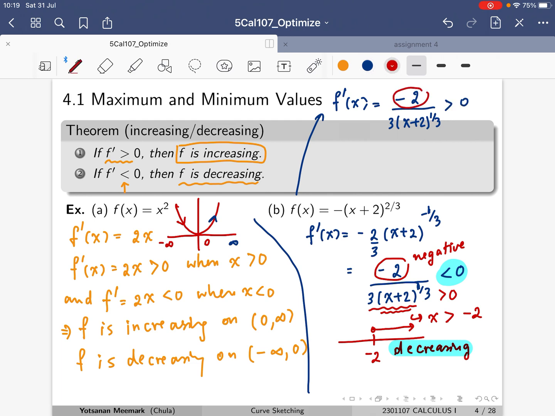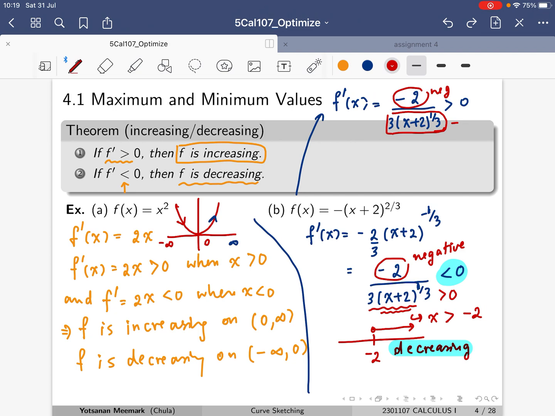Again, the top is already negative. So if you need a fraction to be positive, your bottom must be negative, so that negative over negative ends up with a positive value.